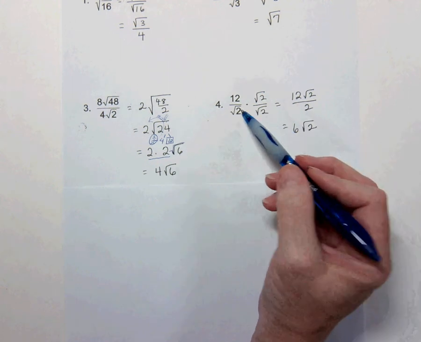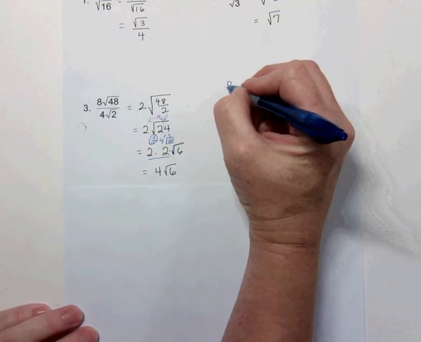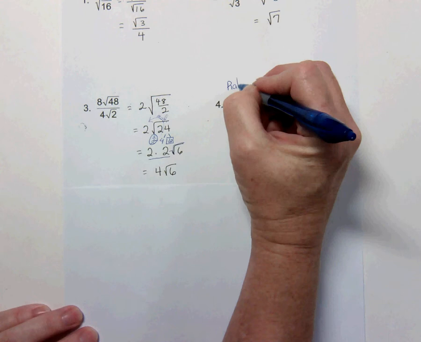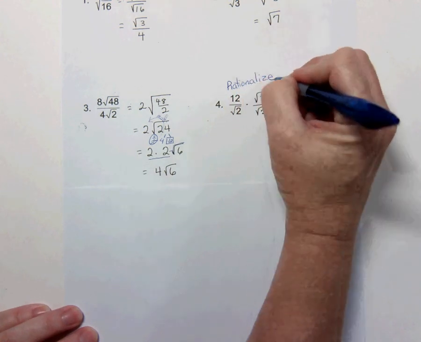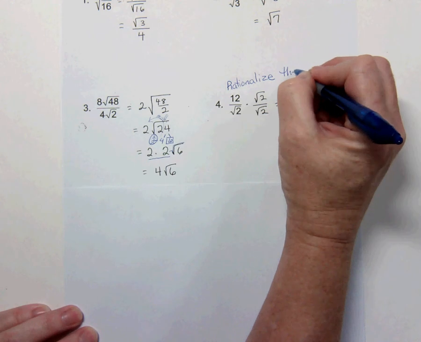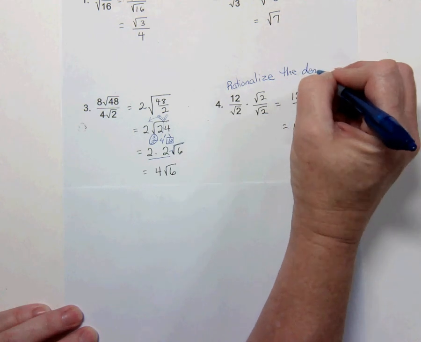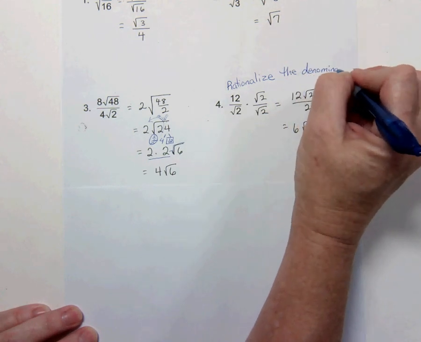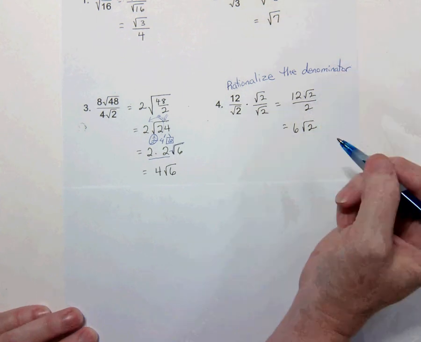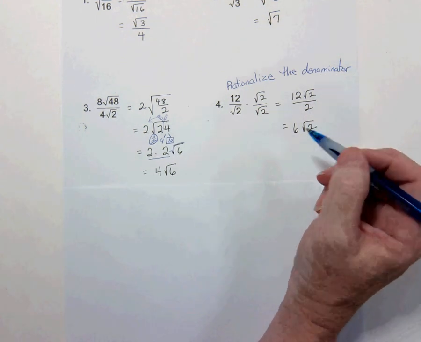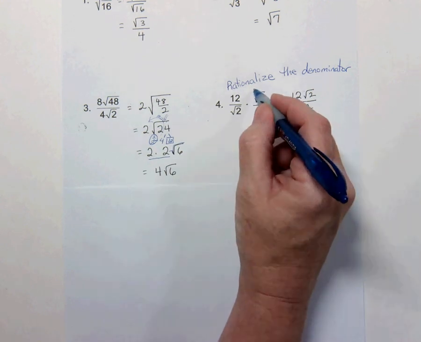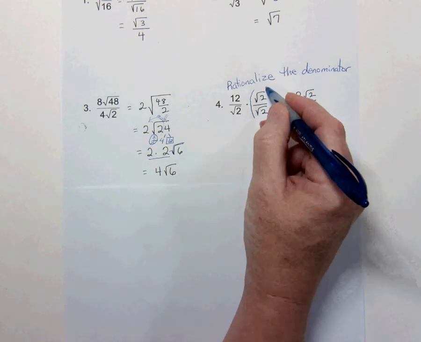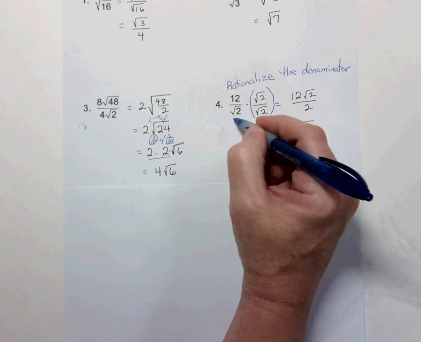Okay, this one, we've gotten to a point where we are rationalizing. I'll put rationalize the denominator. Alright, I'll try to explain this, and we need to do several problems to explain it even further, but what you do not want in an answer is a radical in the denominator.